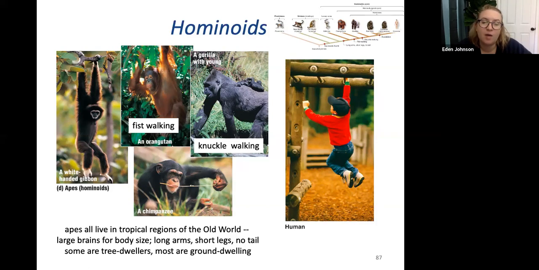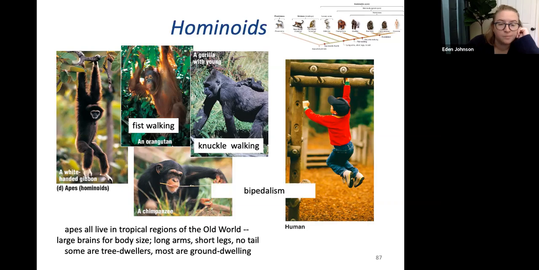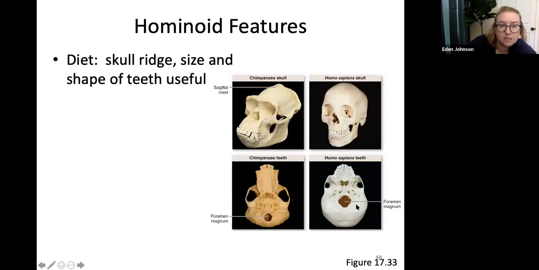The fact that one is fist walking and one is knuckle walking, versus something like hanging from trees and swinging from trees, these slight differences are going to really highlight the differences in these species. Okay, so locomotion is different. We've got bipedalism in chimpanzees and in humans.